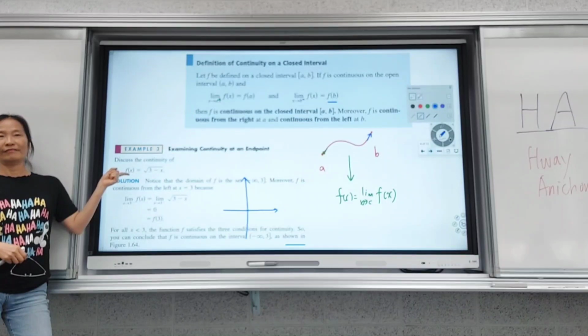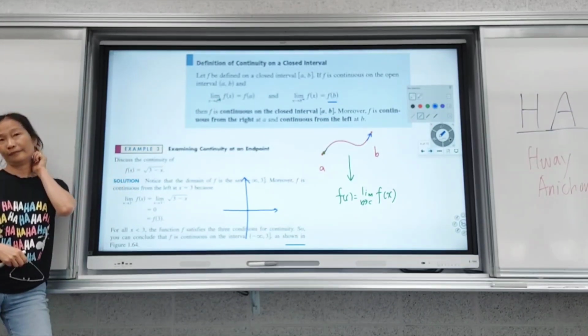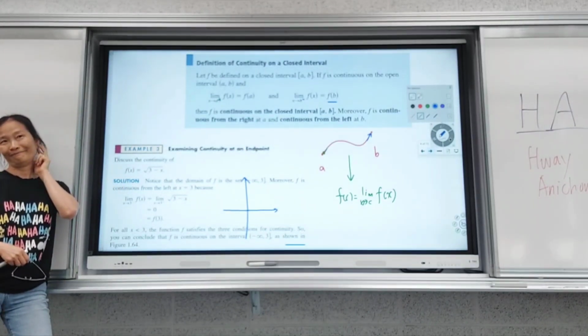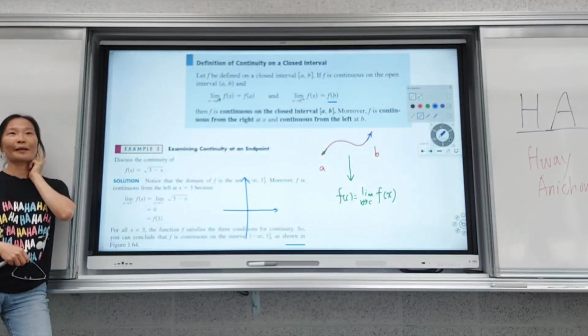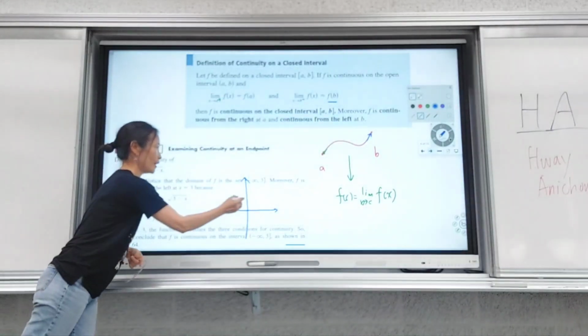David? What is 0 of f? Square root of 3. That is the y-intercept, right? When x equals 0, that's the y-intercept, square root of 3.